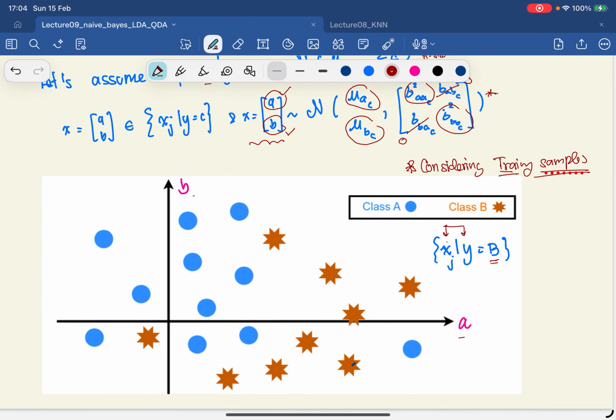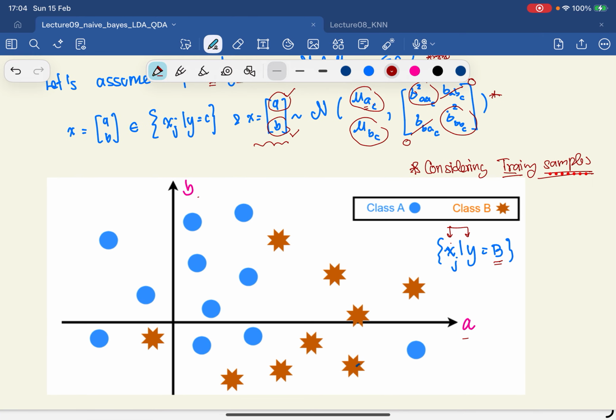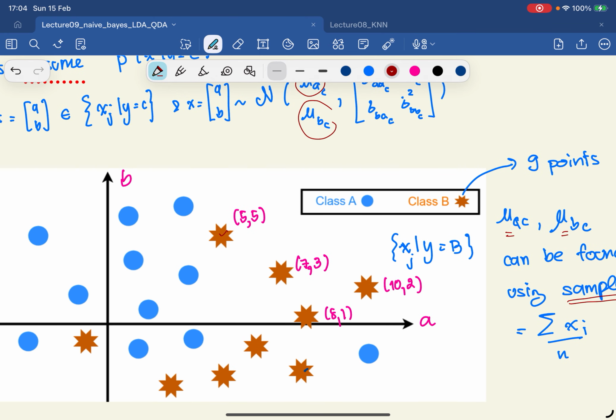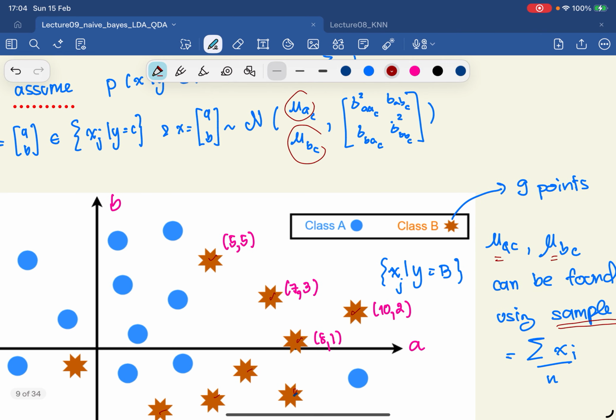So if I were to find mu AC, what do I have to do, right? Mu AC where xj is (A, B) like this. We can find mu AC and mu BC, that is this one and this one, by computing the sample means. And that's actually pretty simple. Let's say I have the coordinates for all these points, and there are mu A and mu B, because A is a coordinate and B is another coordinate.